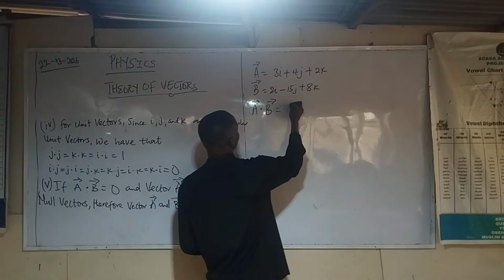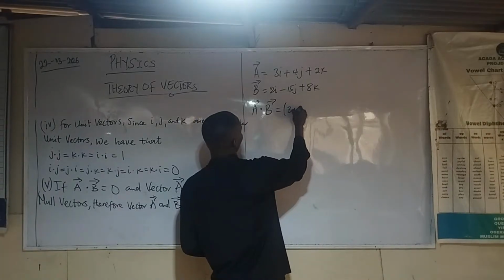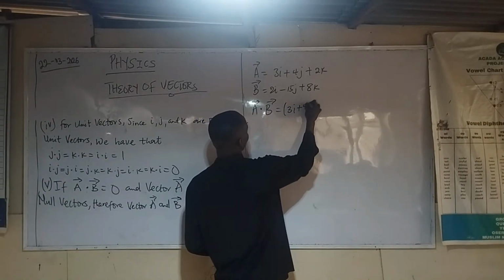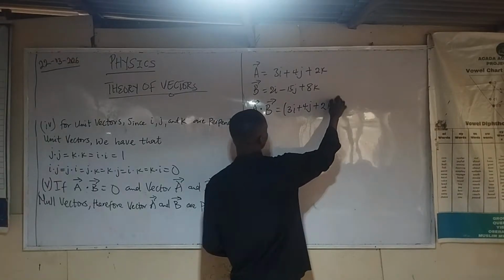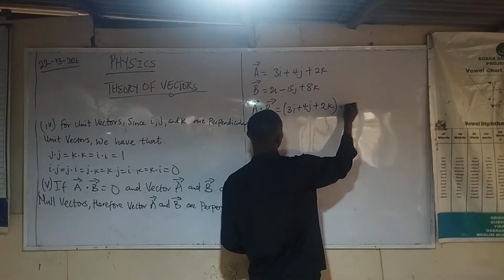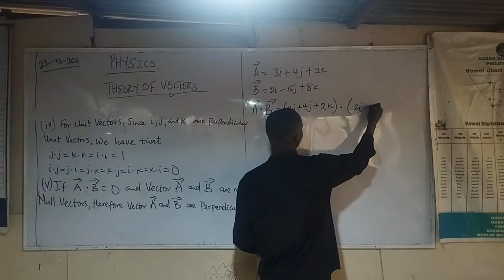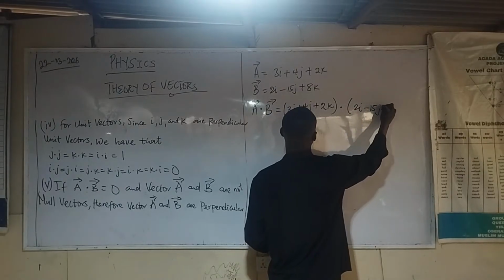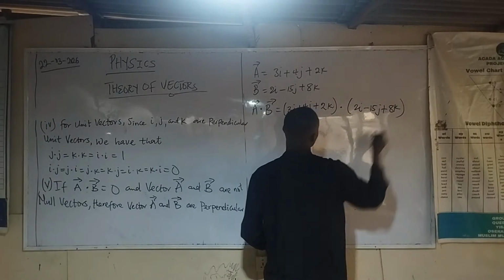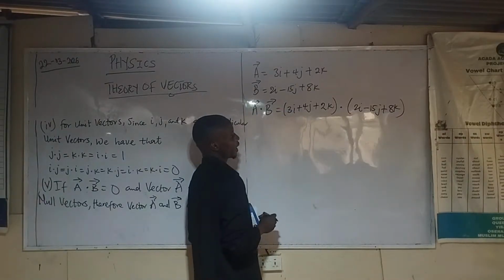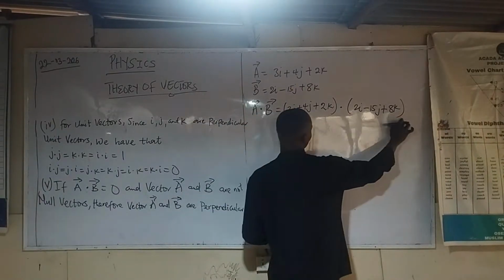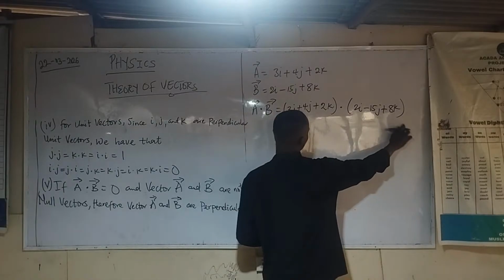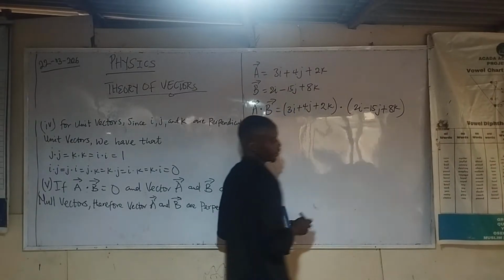So we have 3i plus 4j plus 2k dot 2i minus 15j plus 8k. Now, opening the bracket, this one will multiply everything, this one will multiply everything, and this one will multiply everything.